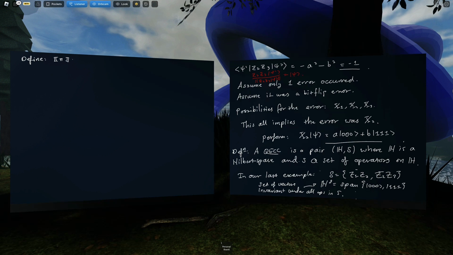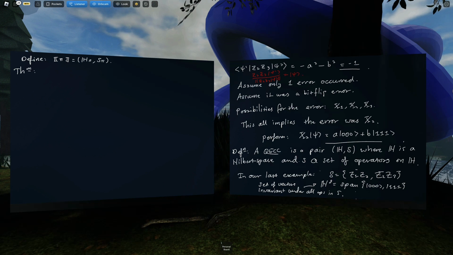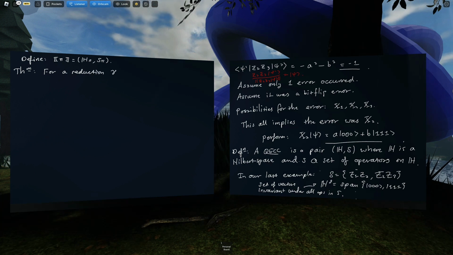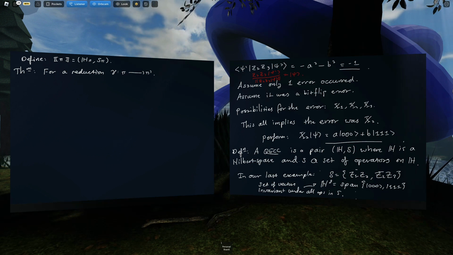That's okay. Okay, so that's now equal to h pi sub comma s pi. And then the theorem that actually relates these dynamics, or at least goes partway toward doing that, is as follows. So for a reduction gamma pi to pi prime, so these are the proof theoretic dynamics that I gave you earlier, the reduction of the axiom cut length or the cut across the tensor and the par.